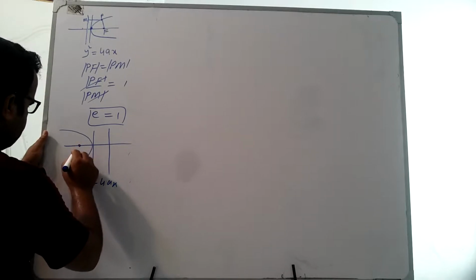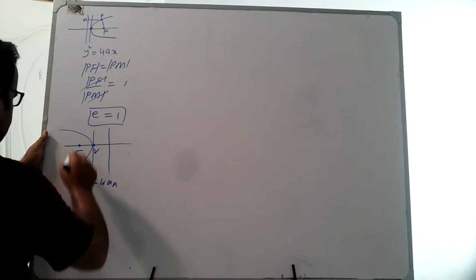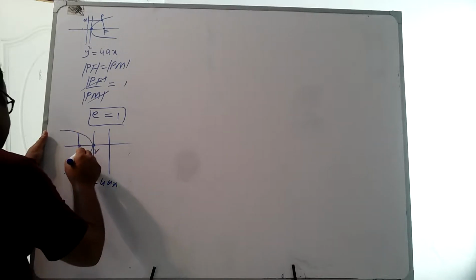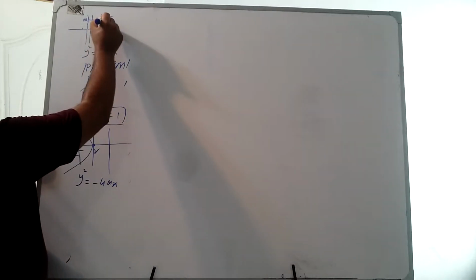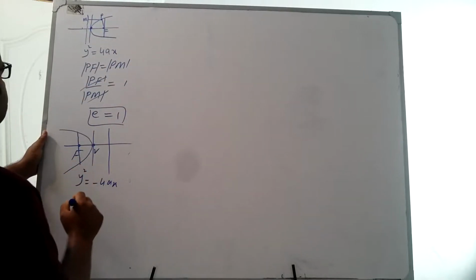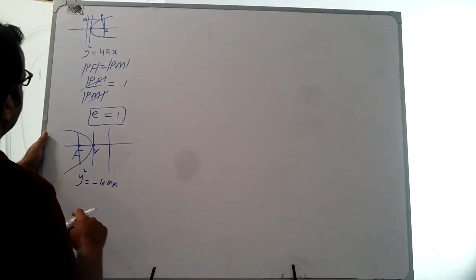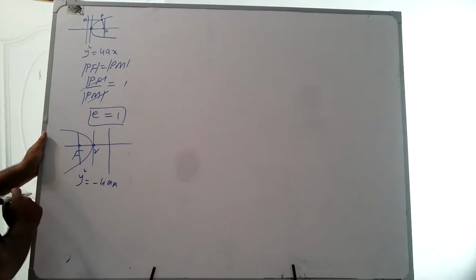Of course, this is the focus, and the vertex. Okay, we know this is the length of latus rectum. This is the line which passes through F and meets two other points, perpendicular to the axis of symmetry, and is called the latus rectum.